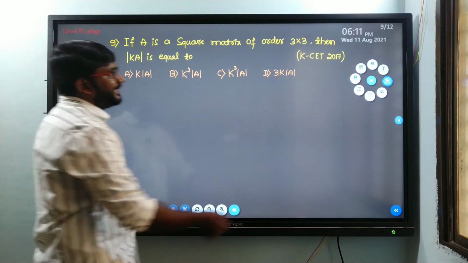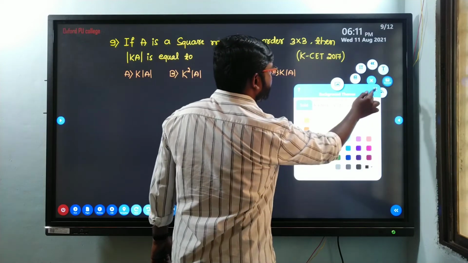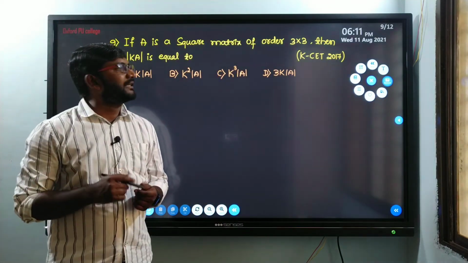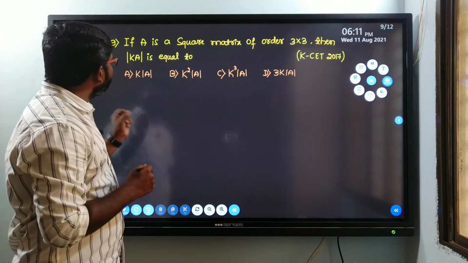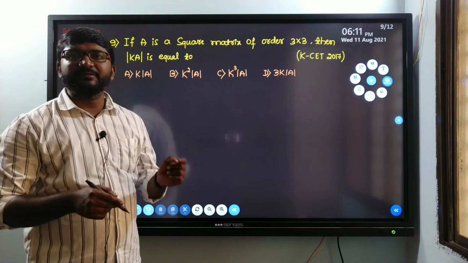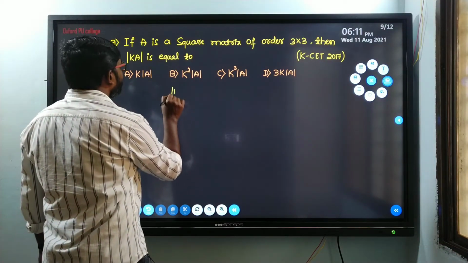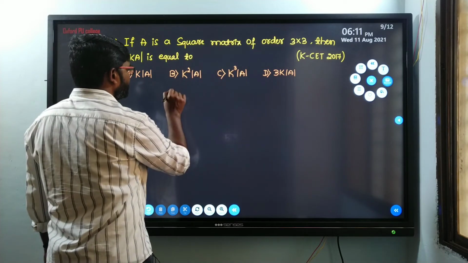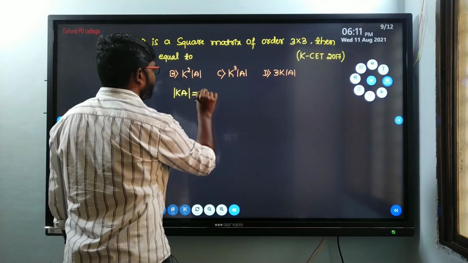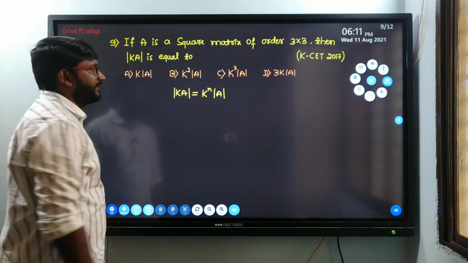Now question number 9. If A is a square matrix of order 3 by 3, then determinant of kA is equal to. In the previous question we discussed the standard property: determinant of kA equals k raised to n into determinant of A. What is n here?